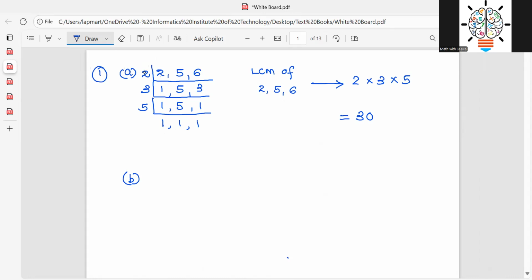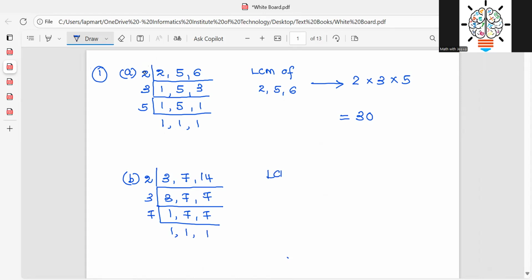Then I will go to the next question: 3, 7, and 14. We'll see what the LCM will be. First I divide by 2. 3 and 7 are not divisible, and here it is 7. Then I divide by 3: 1, 7, 7. And then by 7: 1, 1, 1.